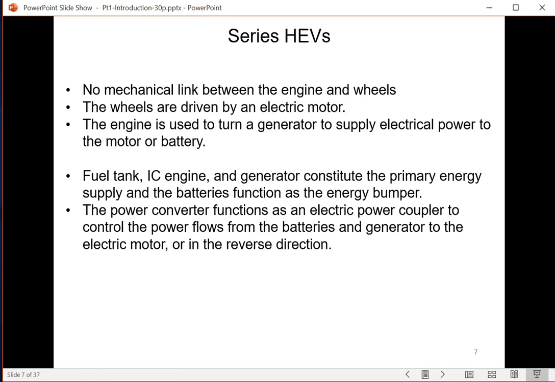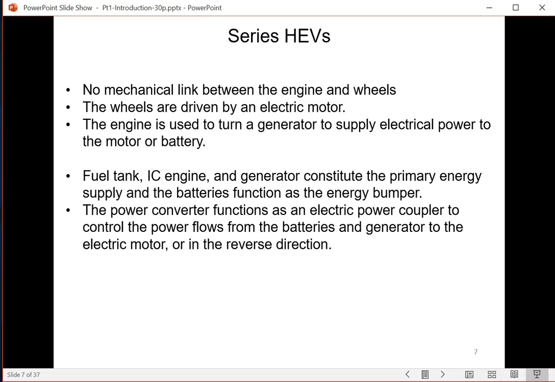Batteries function as the energy buffer. It's actually storage. It makes up the difference between what's required by the electric motor, the traction motor, and what the engine provides, if the engine doesn't provide enough energy.